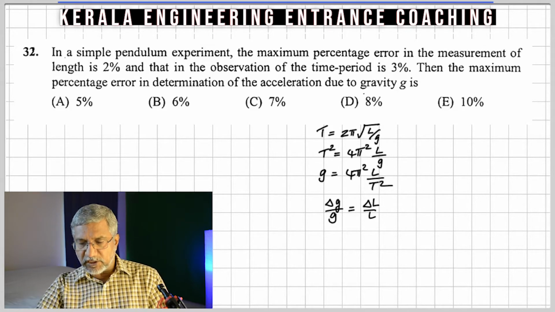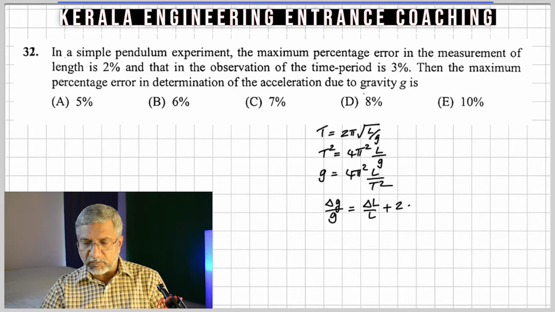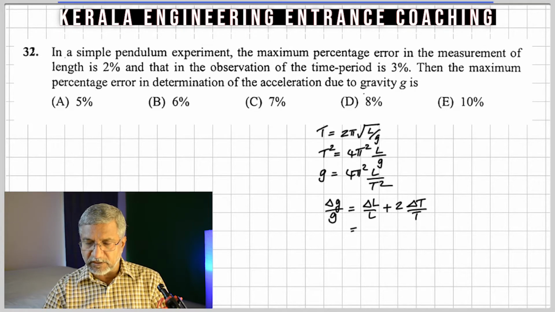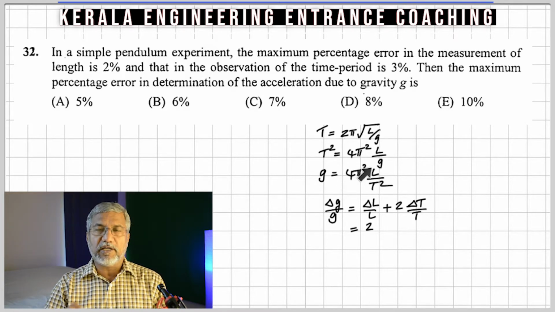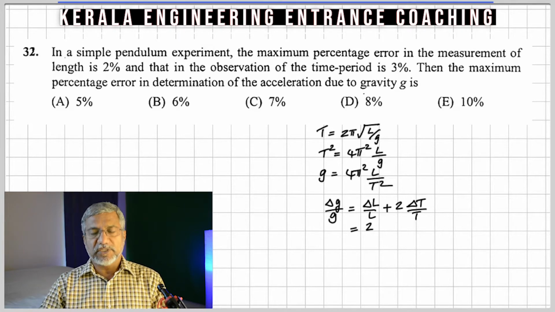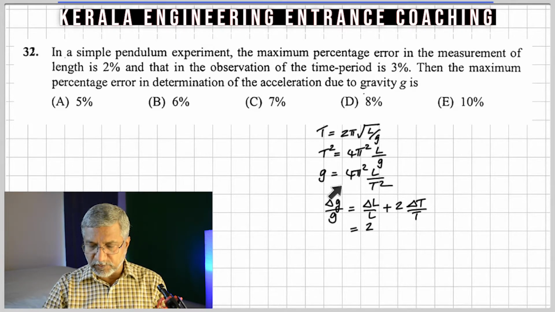Therefore, delta g by g, which is the error, must be delta L by L plus 2 times delta T by T. Why? Whenever you calculate the error, you can disregard the constant because they don't change. So that's why 4π² is gone.